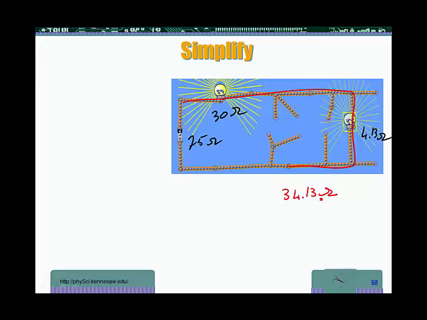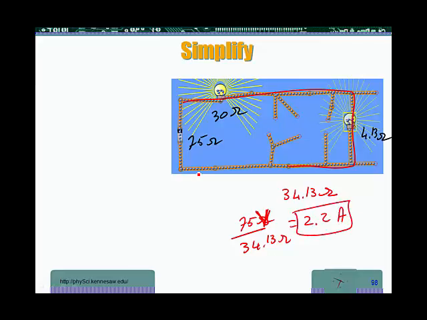Now my current in the circuit is going to be 75 volts over 34.13 ohms, which is about 2.2 amps.